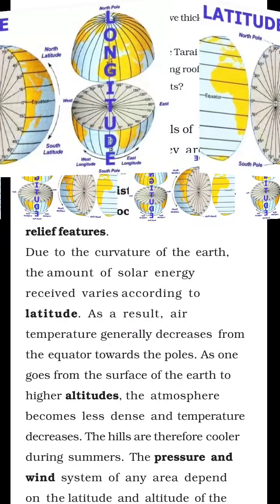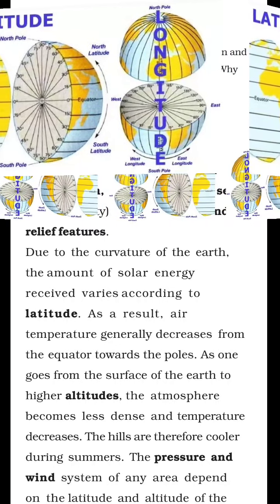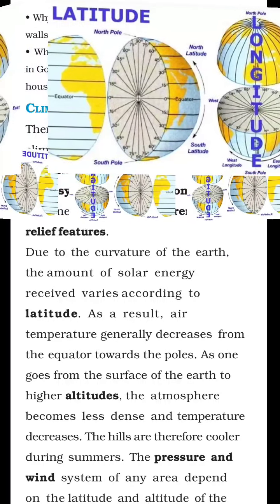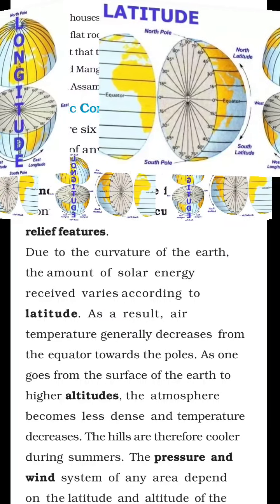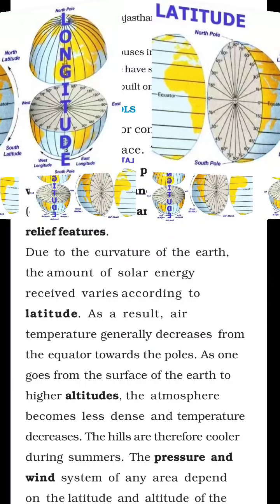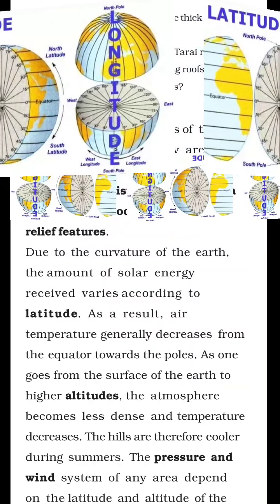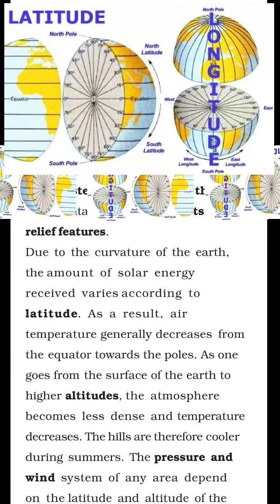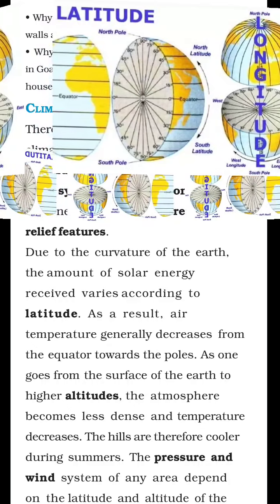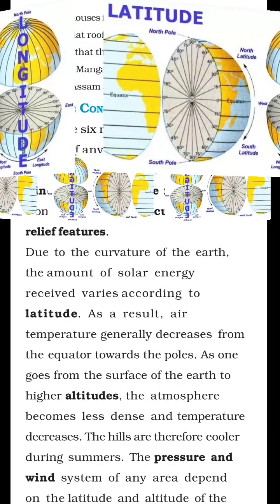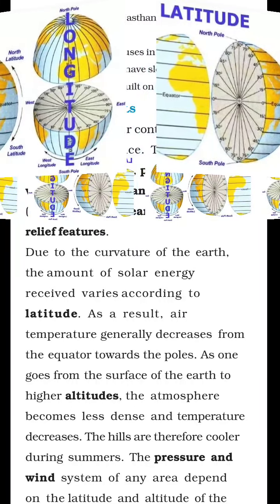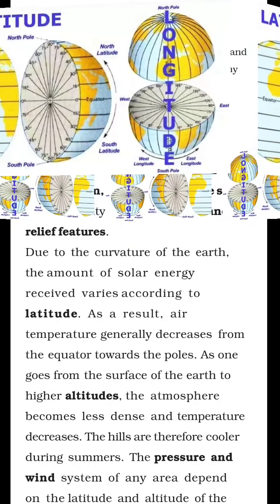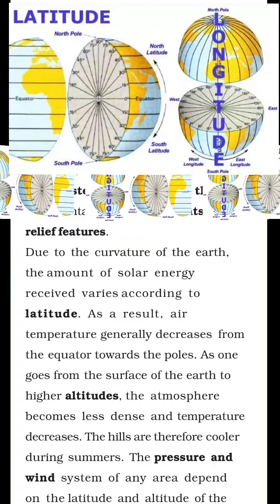Because of the curvature of the sphere, the radiation or photoperiod is different in different areas. In the equator it is a good photoperiodic time, but at the polar zone the photoperiodic time is reduced, so solar energy received is very less. As one goes from equator to pole, one can feel the difference in temperature, and we also know about this.